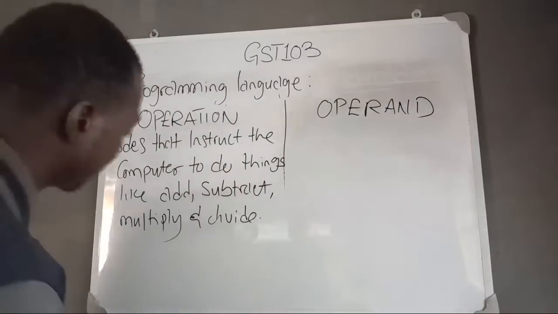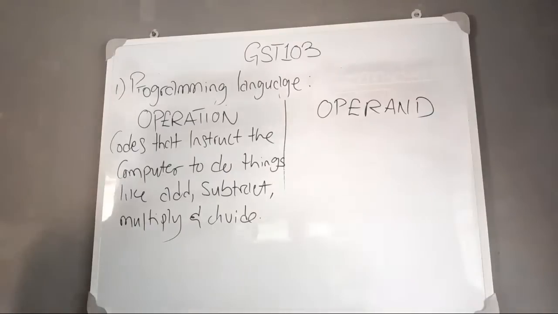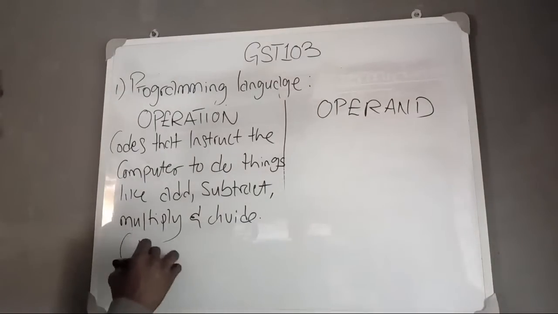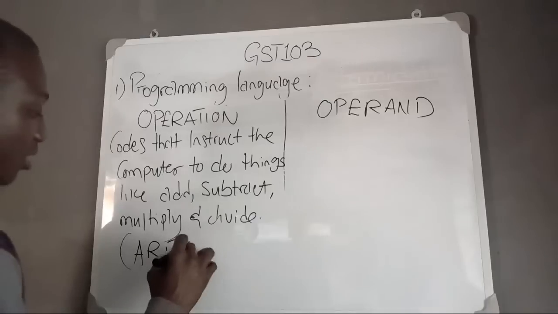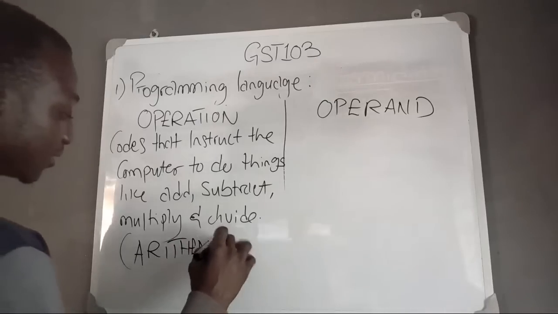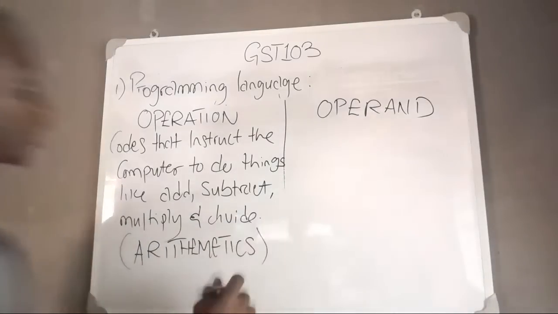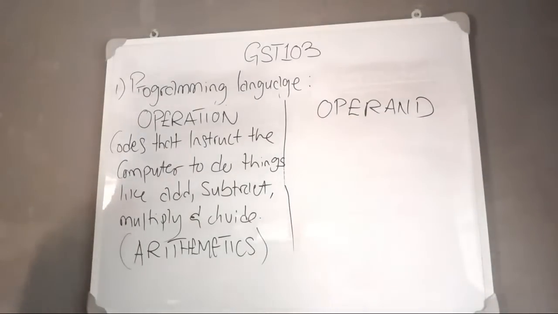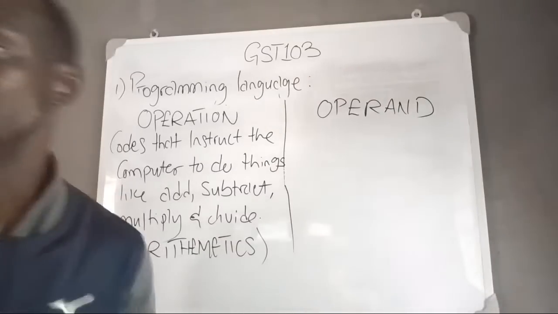So let me just write it here. I hope you can see it. Arithmetic. Why does this have to do with data? Operand has to do with data.